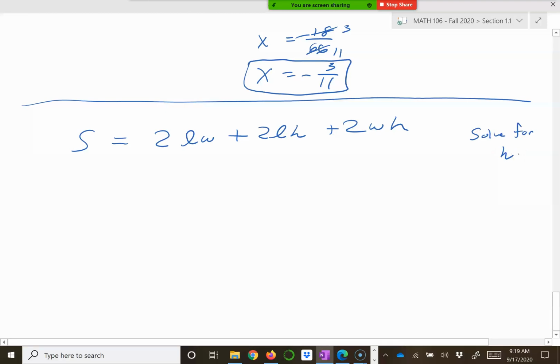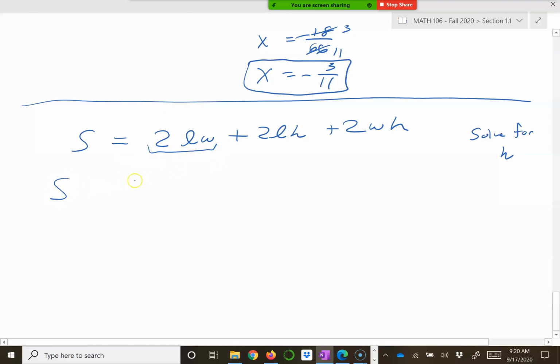Because solving equations like this is going to be important in the next section, which I'm actually going to be able to start today. Okay, so we're going to solve this for H. We have to pretend that all the other variables are just numbers, all right? So that means any expression not involving H, we're going to put all on one side of the equation. So this S over here doesn't involve H, and then the 2LW doesn't involve H either.